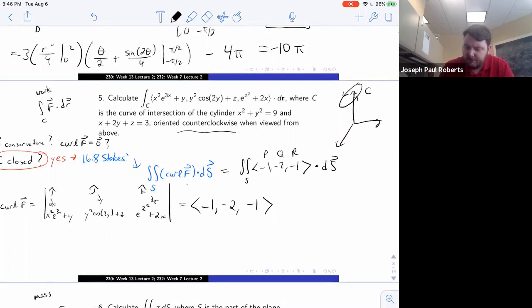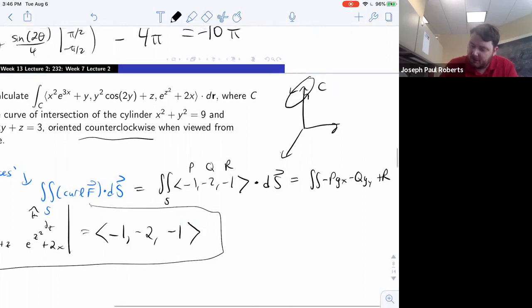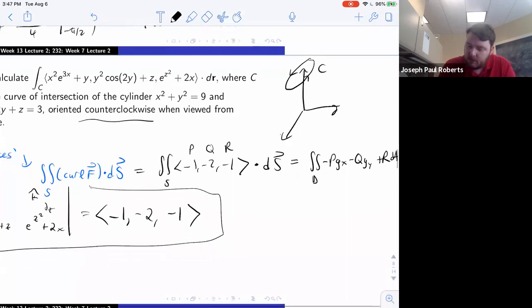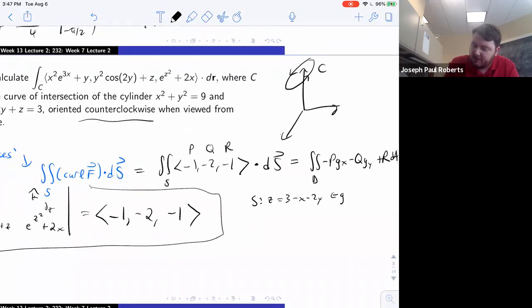I'm going to do my graph shortcut minus PGX minus QGY plus R, where S is given by Z is 3 minus X minus 2Y. That's my G of XY.